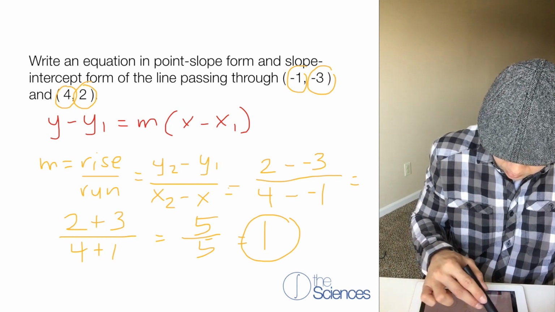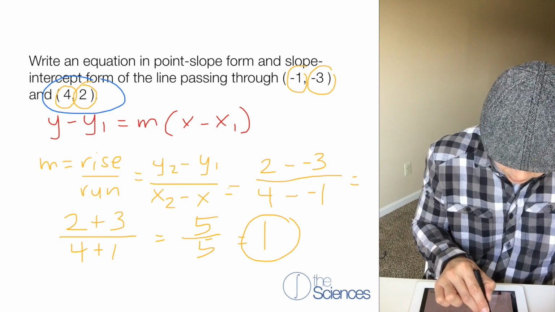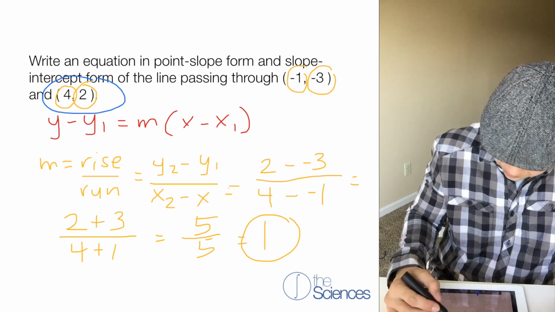So now we can pick one of these points, let's pick 4, 2, and write our point-slope form.